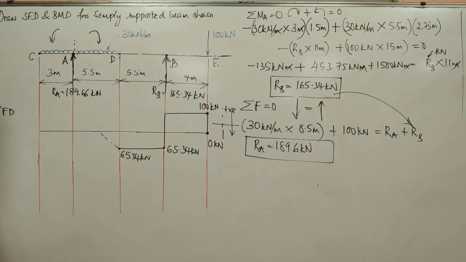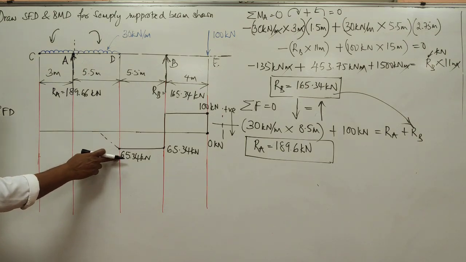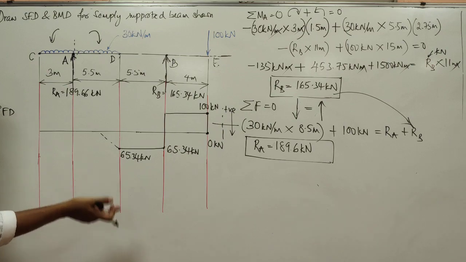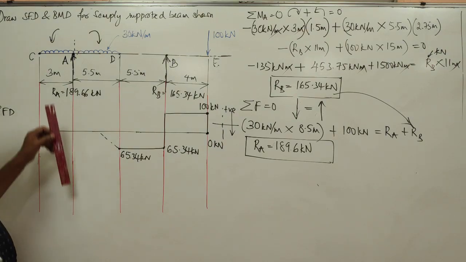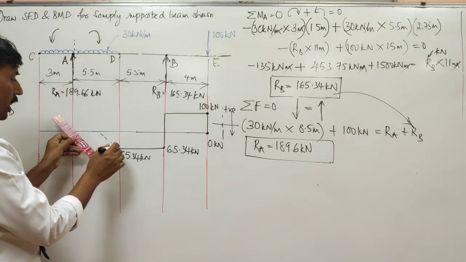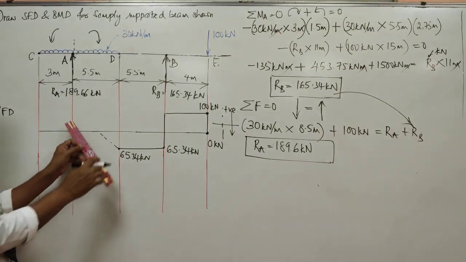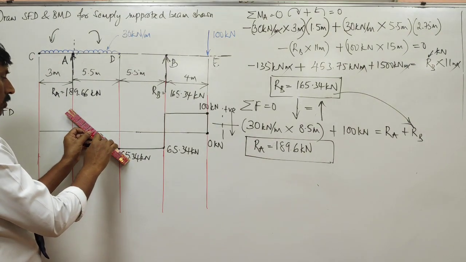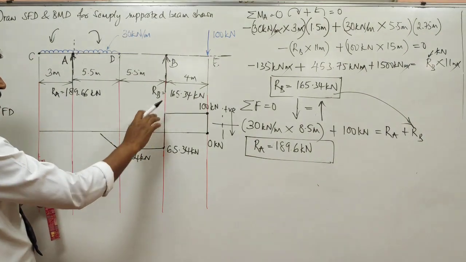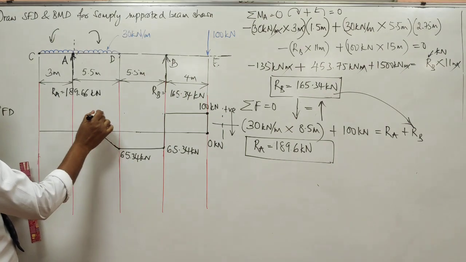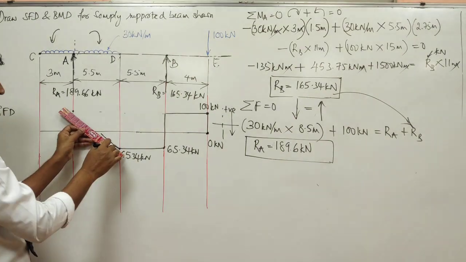So 165 minus 65, what is the answer? 100. So this will go from minus 65 to plus 100, almost in the same line of 100 here.